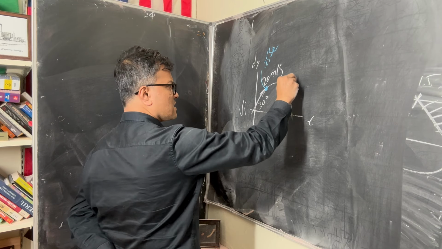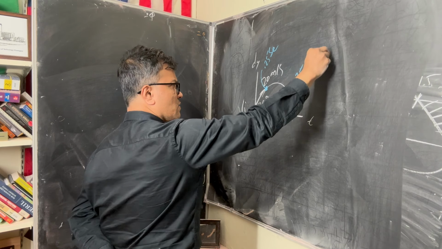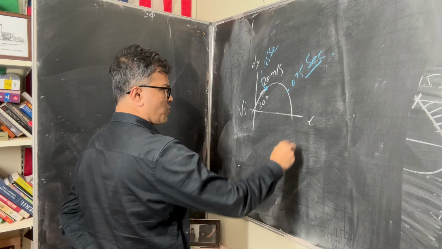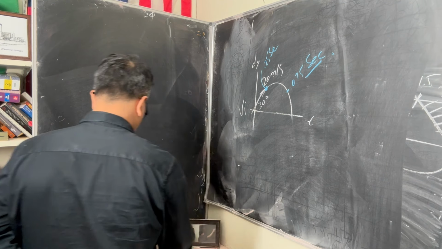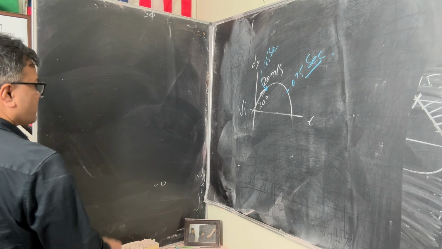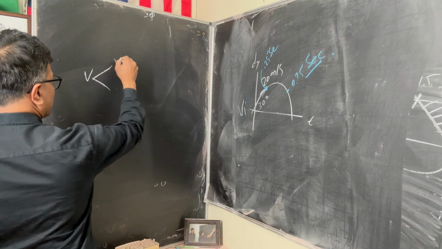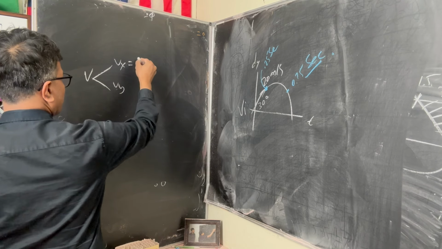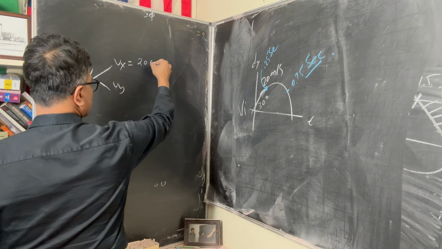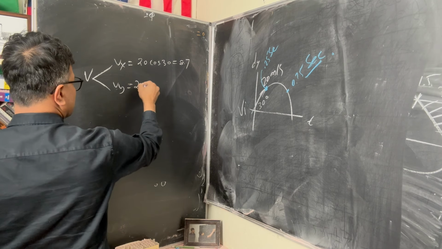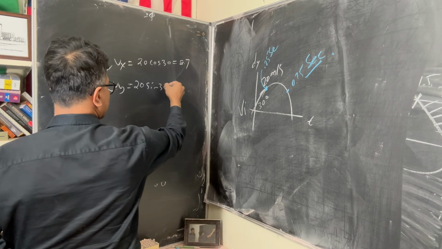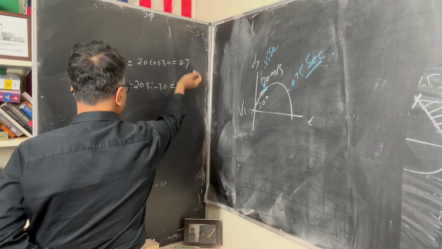At 0.75 second, what is the speed? By the way, the total time the ball was in the air is 1 second. Now, how do you find it? Velocity is Vx, Vy. So Vx is 20 cosine 30 is 8.7. 20 sine 30 is 5.